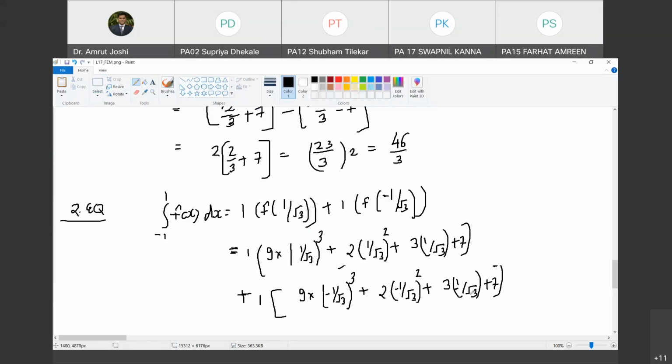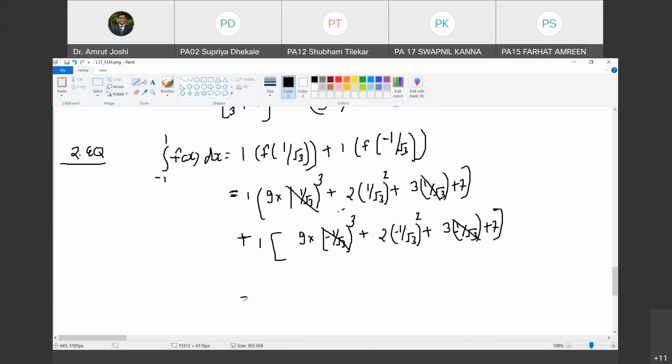Now see, the -1 by root 3 into 3 and +1 by root 3 into 3 are going to get cancelled. Happy? Yes. Then this -1 by root 3 cube and this 1 by root 3 cube are going to get cancelled. Happy? Yes, sir. So what is the answer? 1 by root 3 square is 1 by 3, not 4 by 3, so 2 by 3. I'm sorry.